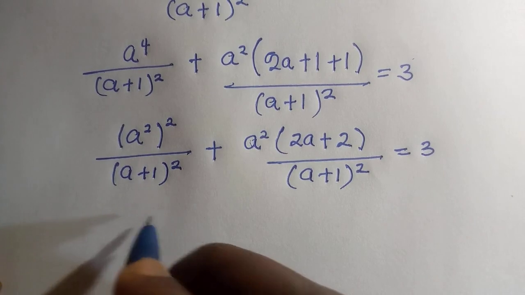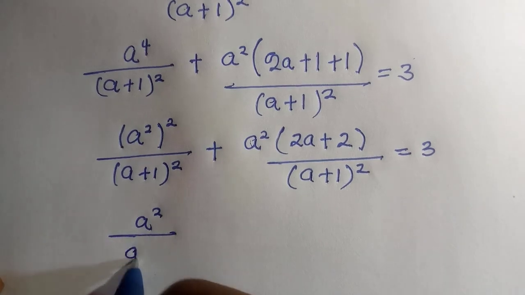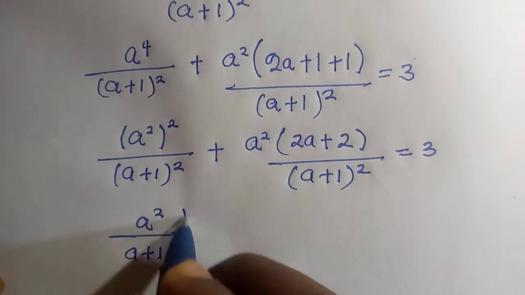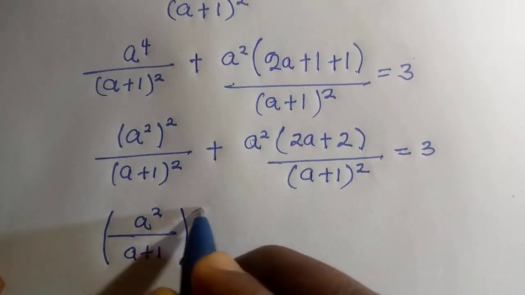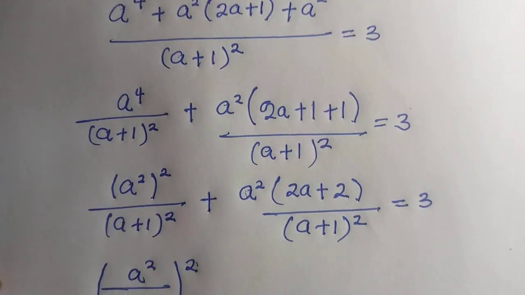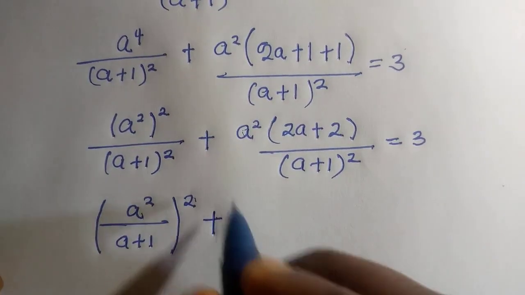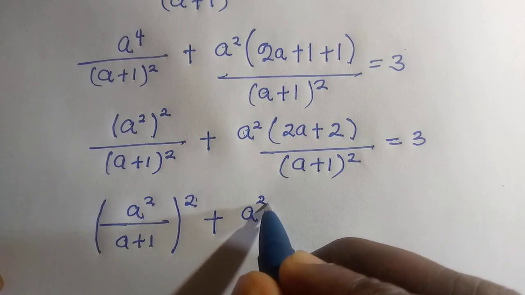So we can let this one become a squared divided by (a plus 1), then all raised to power of 2, because both of them have power of 2. Then we can apply the law of indices here, plus here is our a to the power of 2.